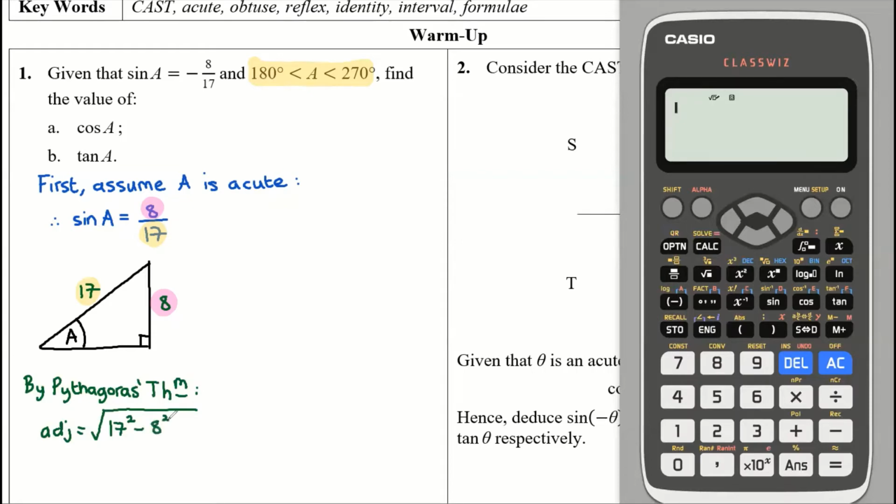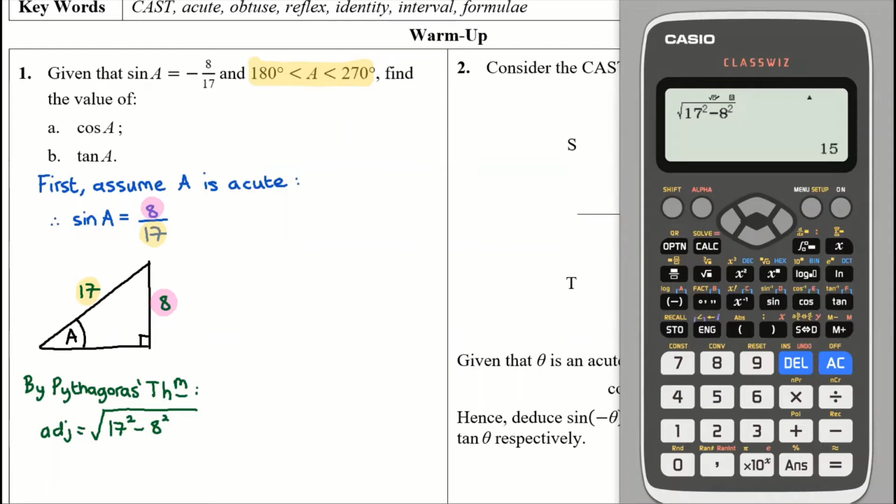It's the difference between the hypotenuse squared and one of the shorter sides squared, which in this case is the opposite. So if we plug those numbers into the calculator, the square root of 17 squared subtract 8 squared, you might know the answer to this already, but we'll just do it anyway.